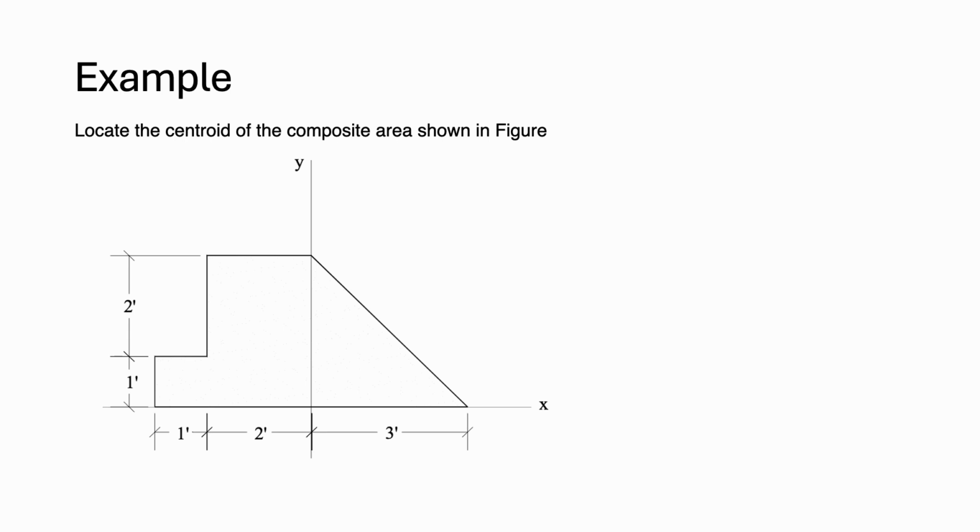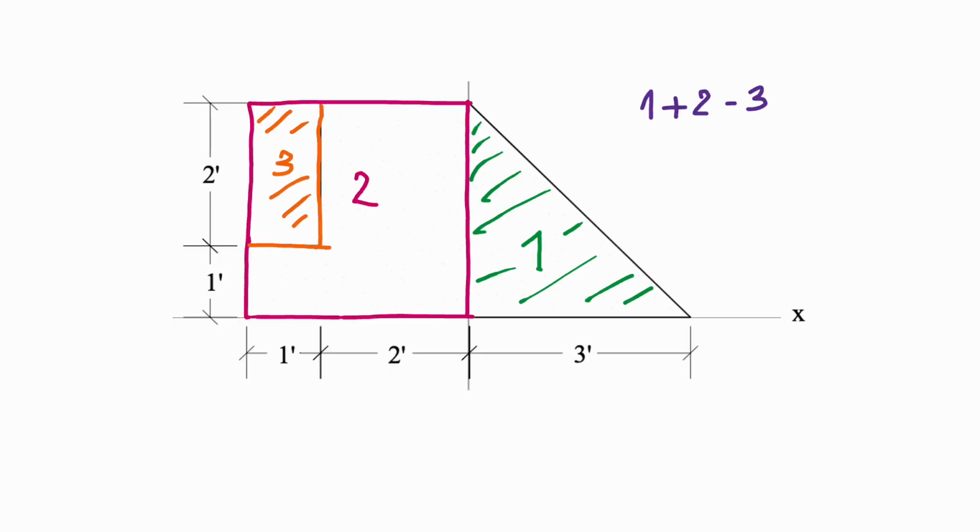For instance, we have an example: this is a composite section, and we need to locate the centroid for this area. We can divide this section into 3. The first one is a triangle, the second one is a square, and the third one, which we will subtract, is a rectangular area 1 foot times 2.